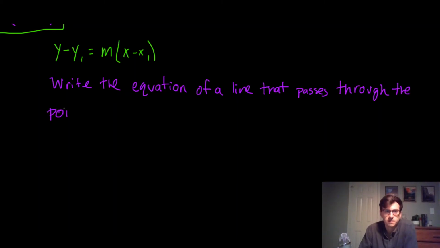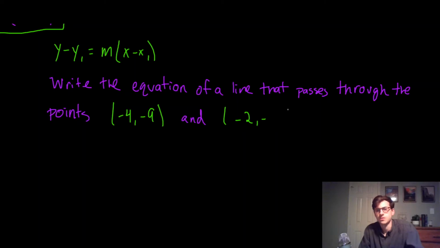The points -4, -9, and -2, -5. Okay, we're gonna try this out. Think this will work out. Write the equation of the line. There's only one line that passes through those 2 points. Isn't that kind of crazy? That passes through these points.